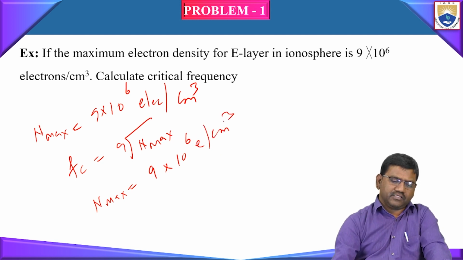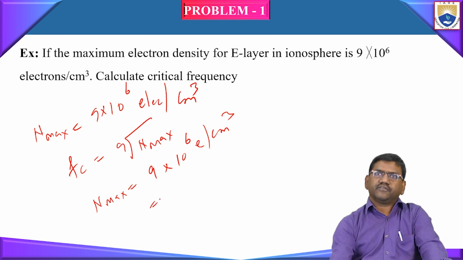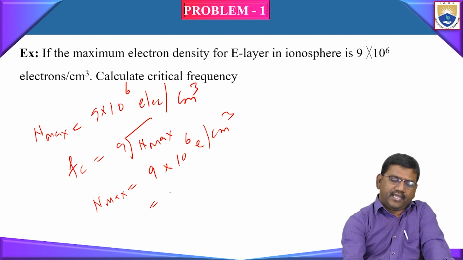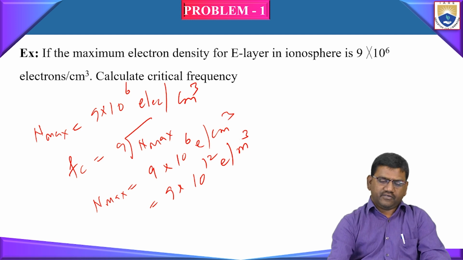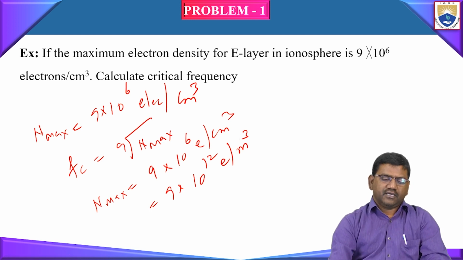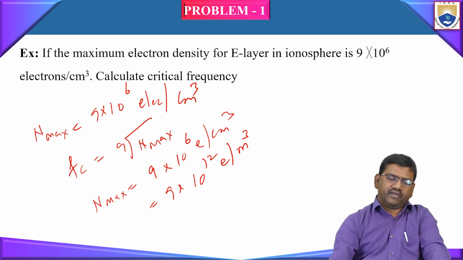We can also write this in terms of meters cubed as 9 into 10 power 12 electrons per meter cubed. So we have converted N max into meter units, and now we need to calculate the value of Fc.